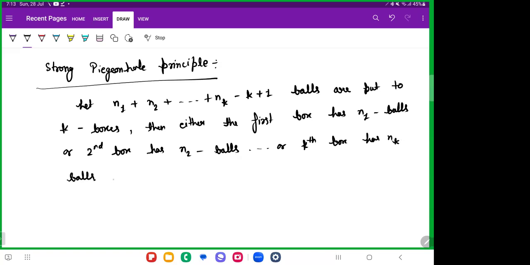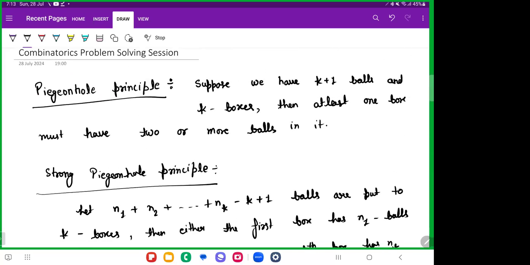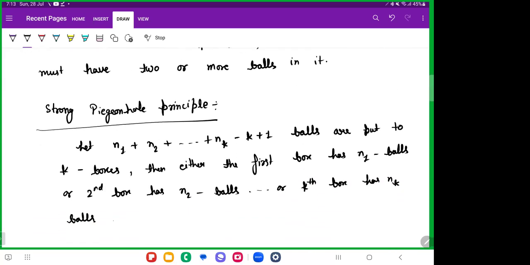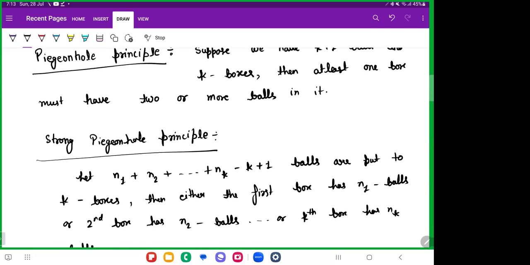This is the theorem we will use for today's problem solving session. This is also done in this week's lectures of the course, so I'm just quickly recalling these things.